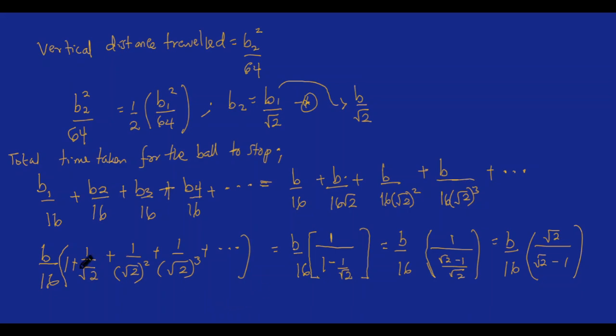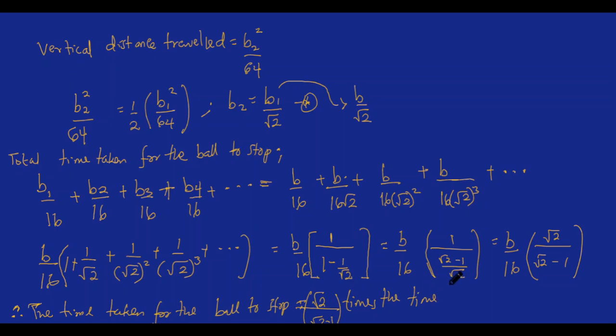So the time taken for the ball to stop is equal to root 2 divided by root 2 minus 1 times the time taken for the first bounce.